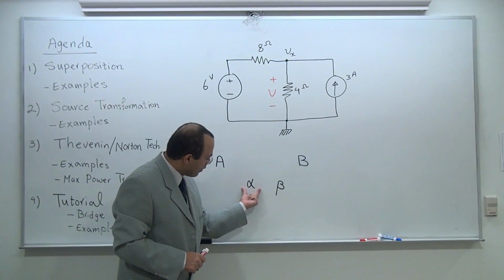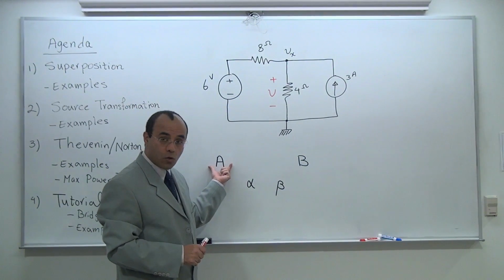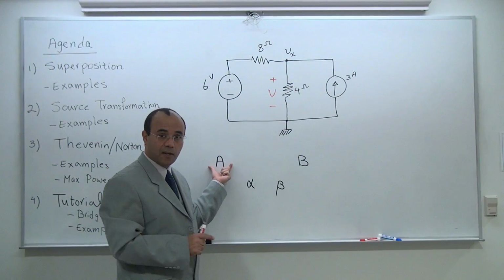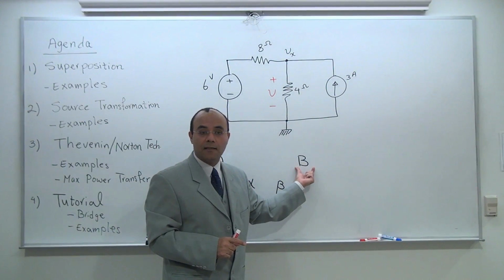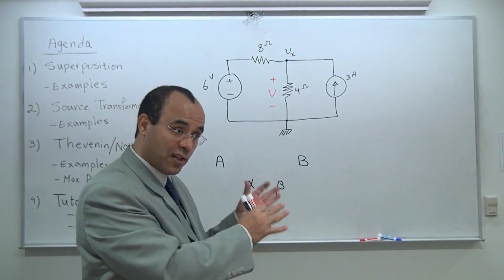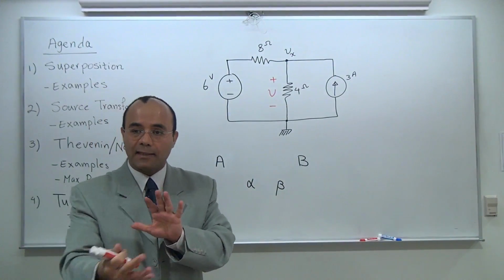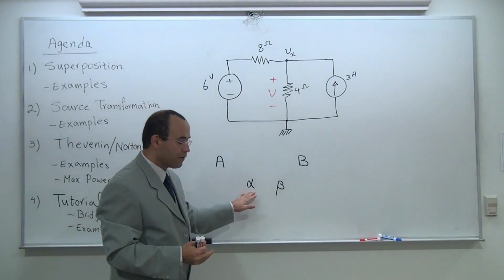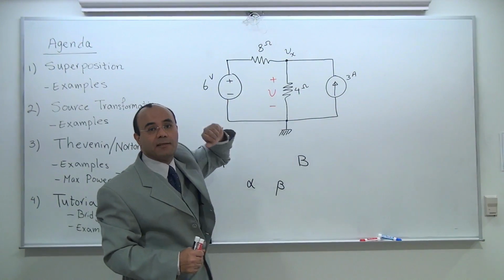The contribution to alpha is going to be the summation of these contributions: 5%, plus 3% from B. I can identify 5% separately, and then 3% separately, and then add them up as the college fund of alpha. Let's map this to the circuit I have.